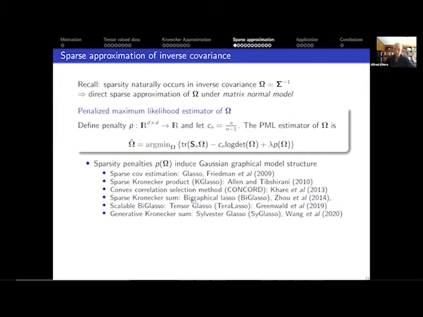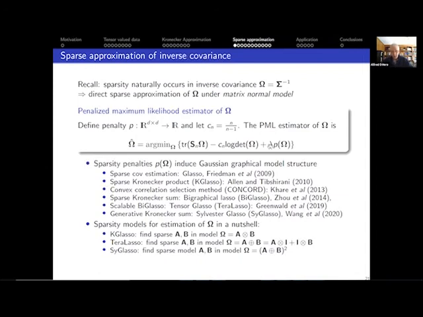One can look at Kronecker sums, which I'm going to talk about in a minute, and other types of approximations to omega, all with a sparsity penalty and a penalty parameter lambda to gauge how sparse we have to be satisfied.